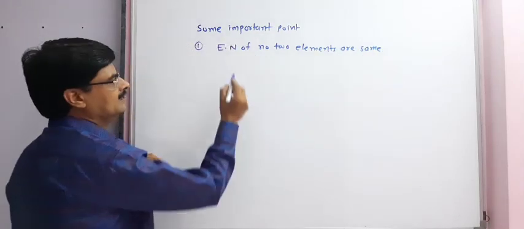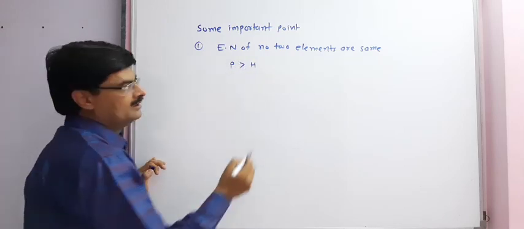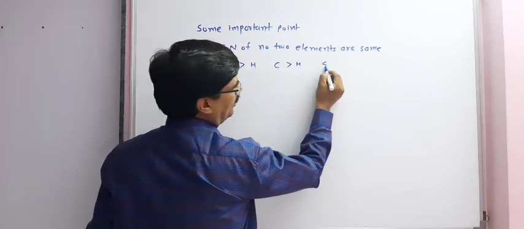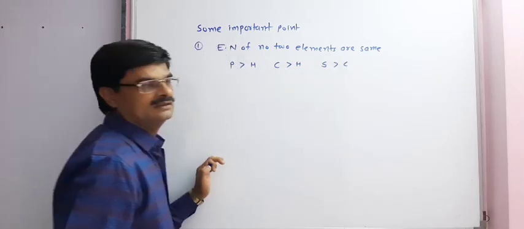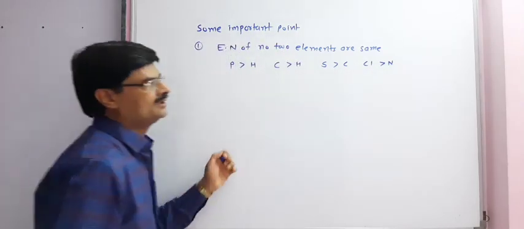For example, electronegativity of phosphorus is greater than hydrogen, of carbon greater than hydrogen, of sulfur greater than carbon. Same way, chlorine greater than nitrogen.